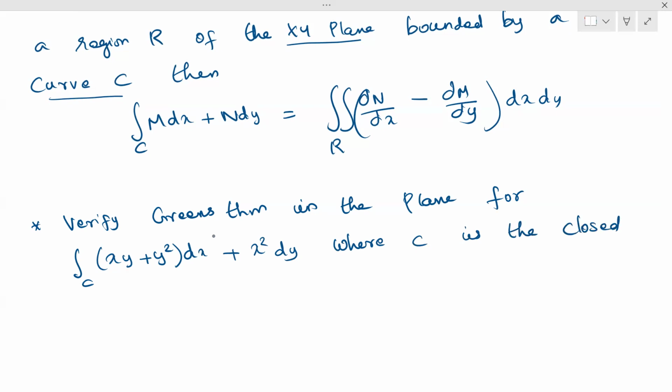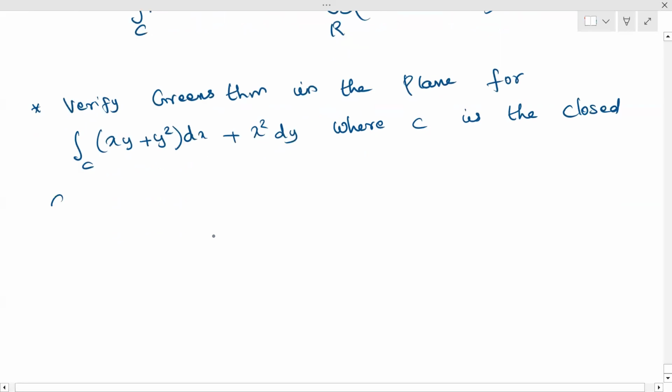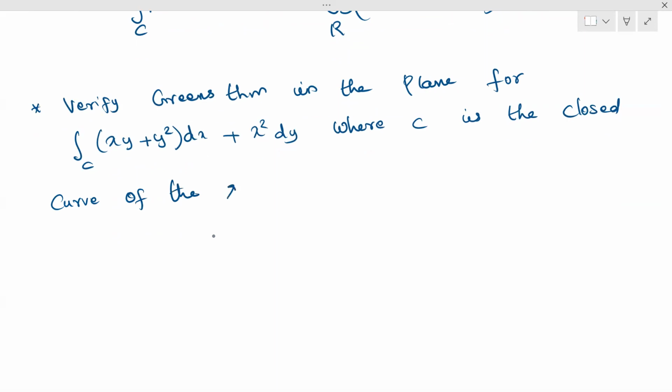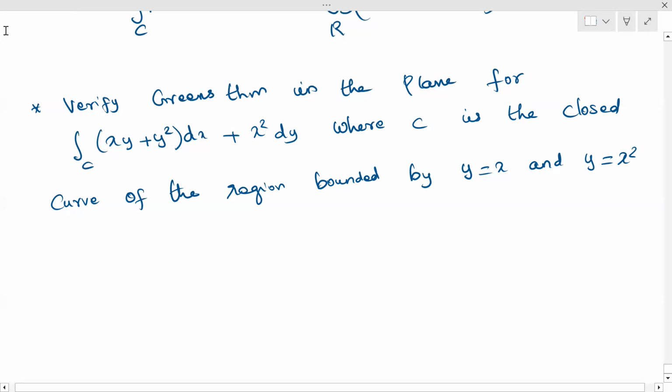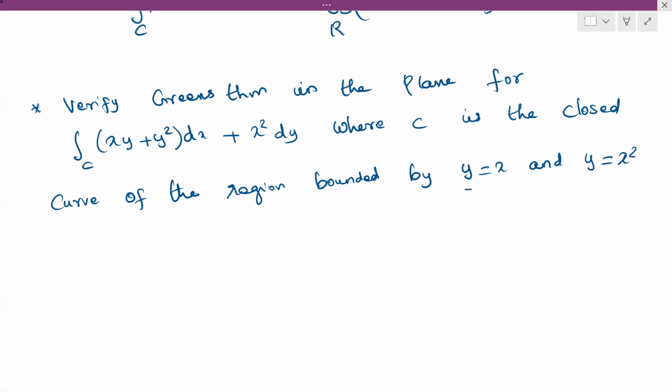Already we said C should be a closed curve of the region bounded by y equal to x and y equal to x square. So here we have to verify the Green's theorem for the given question. Here C is the closed curve bounded by one straight line and one parabola.